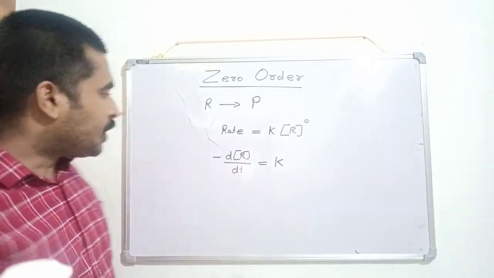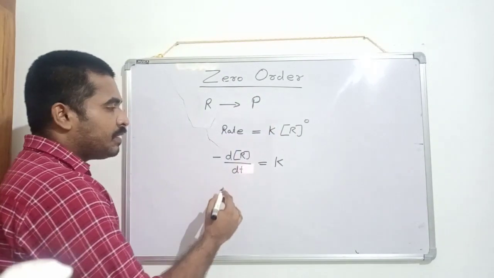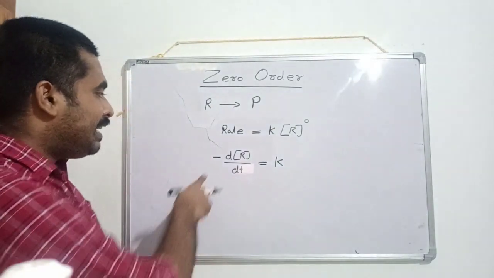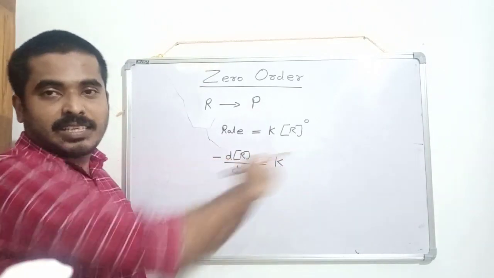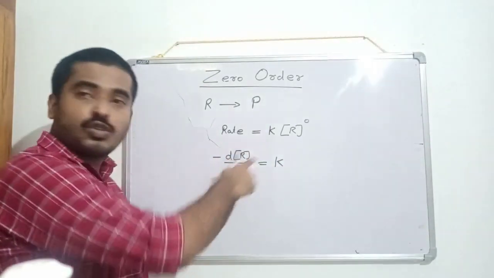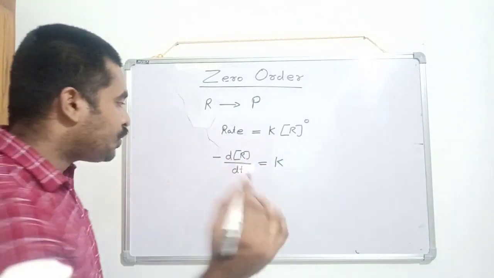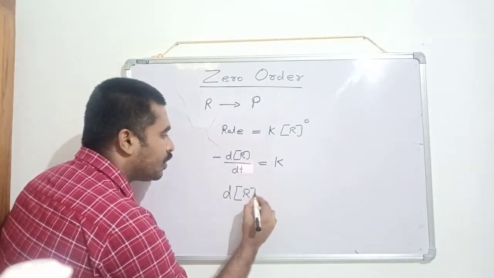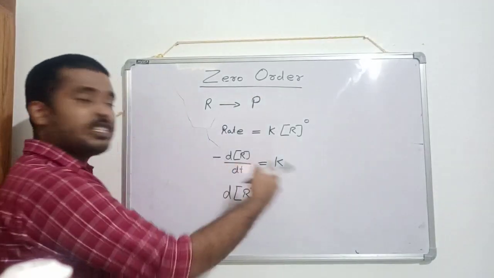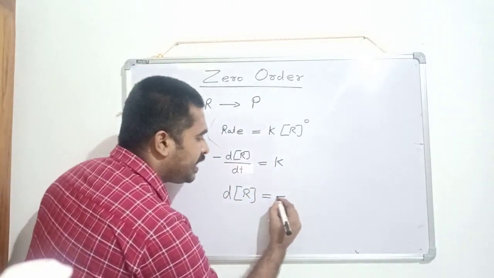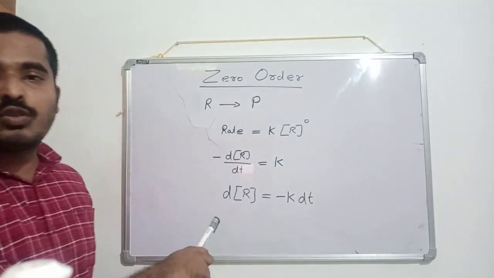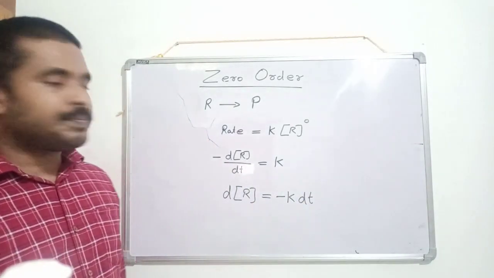Now, before integrating, we need to do some rearrangements. Let the negative sign go to the other side. Let dt also move to the other side. So we will get d[R] equals minus k dt.